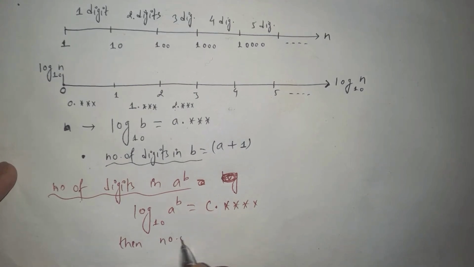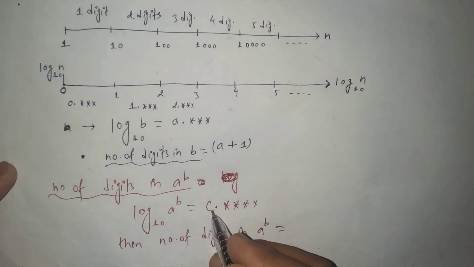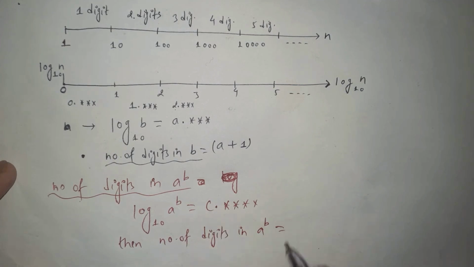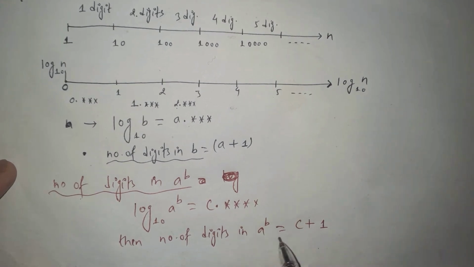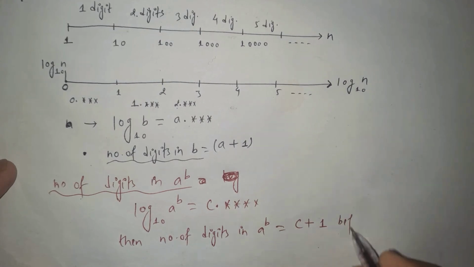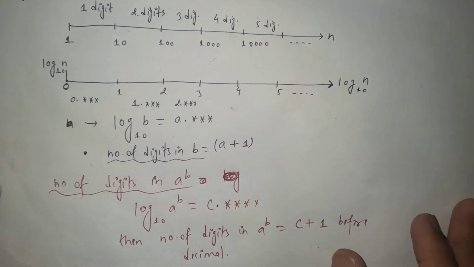The number of digits in the number a raised to the power b will be c plus 1, that is, the number of digits before the decimal, or to the left of the decimal.